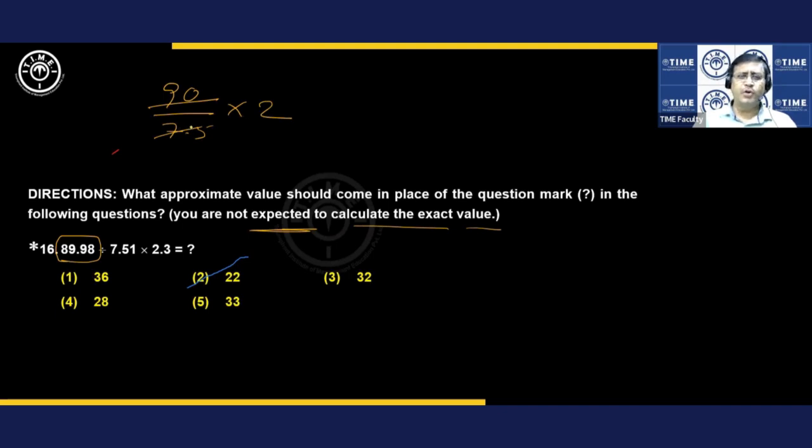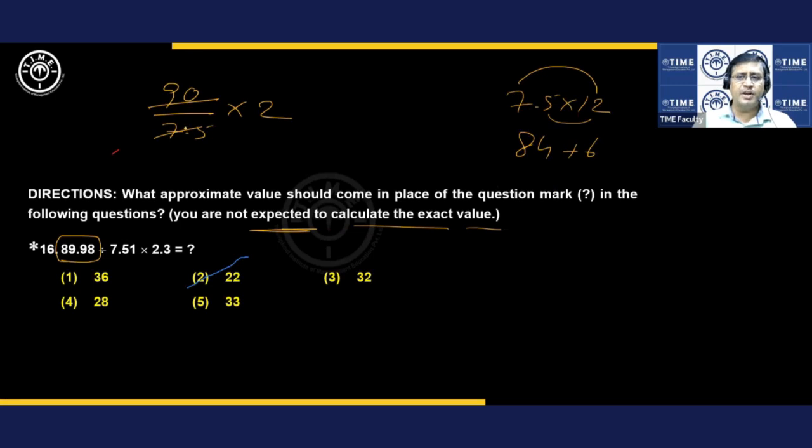12 into 7 is 84. 13 into 7 is 91. When you are observing 7.5, 7.5 into 12 means 7 into 12, that is 84, and half of the 12 is 6.